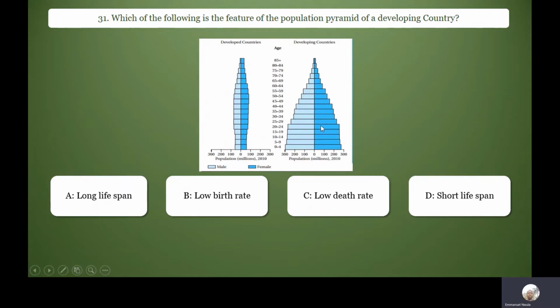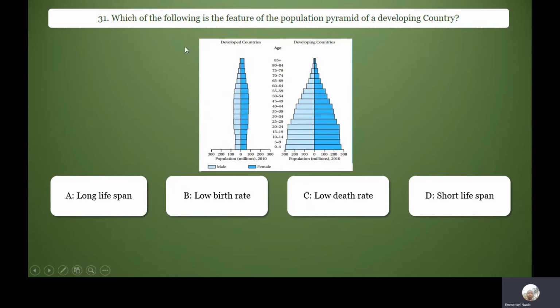So that is why, of course, if you look at the other options, long lifespan, low birth rate, no. Low death rate, no. For a developing country, the population is normally huge because there is high birth rate in developing countries.